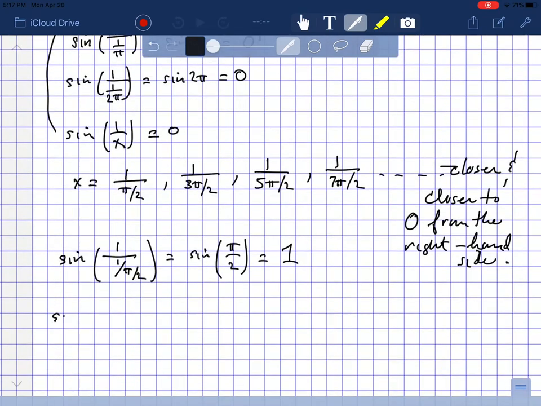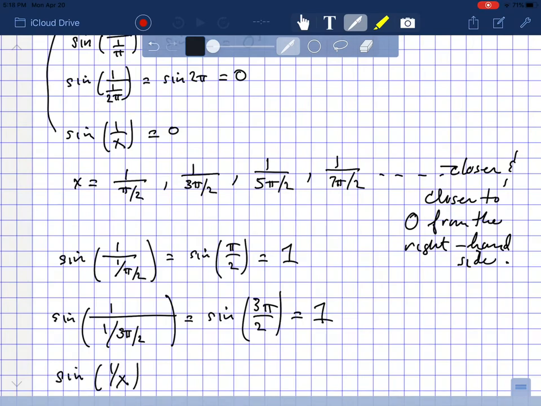And if I look at the sine of 1 over 1 over 3 pi over 2, this is equal to the sine of 3 pi over 2, and that's also equal to 1. And in point of fact, if I look at the sine of 1 over x, where x happens to be one of these values, then this sine is going to equal 1.